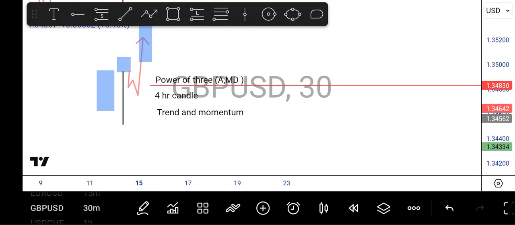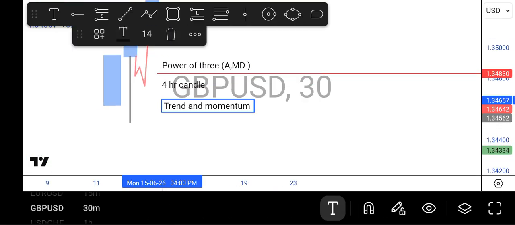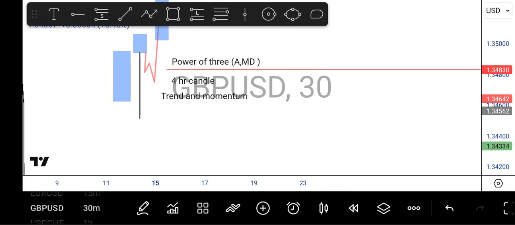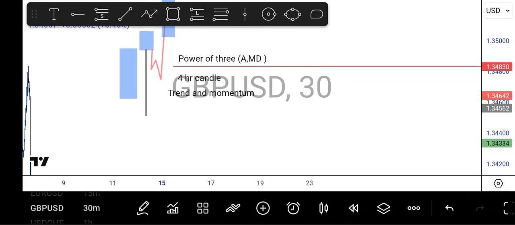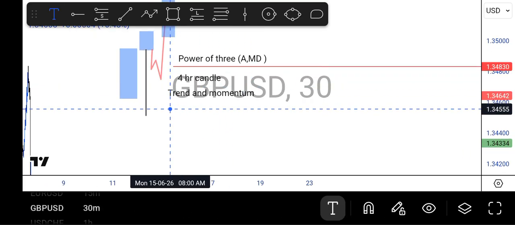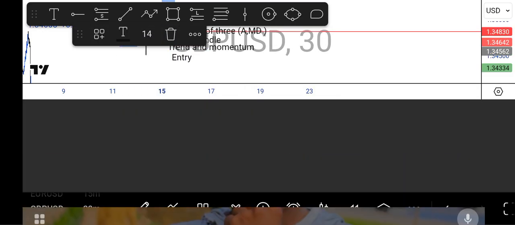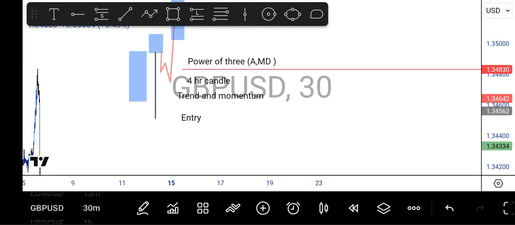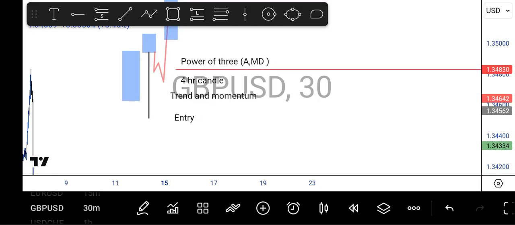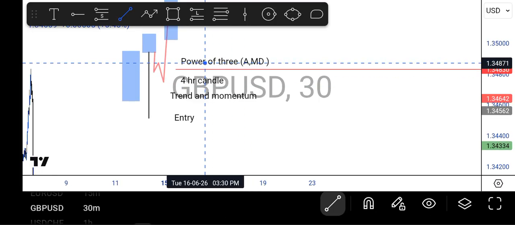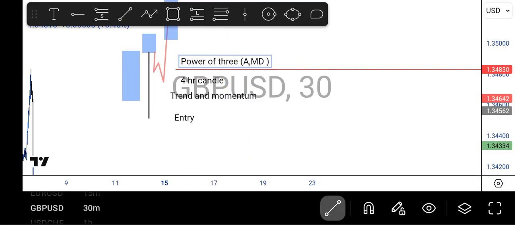I want to know where the price is going. Trend and momentum, which is backed by market structure. And lastly, I'm looking at entry. So those are the things that I'm looking at. I'm looking at power of three: accumulation, manipulation, and distribution.